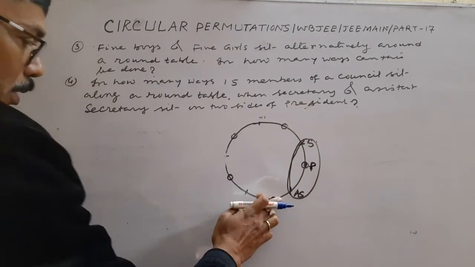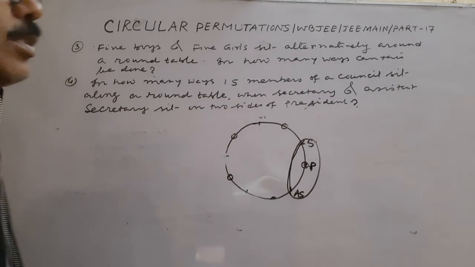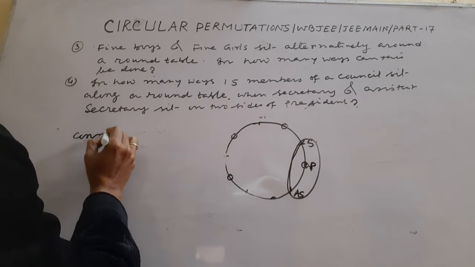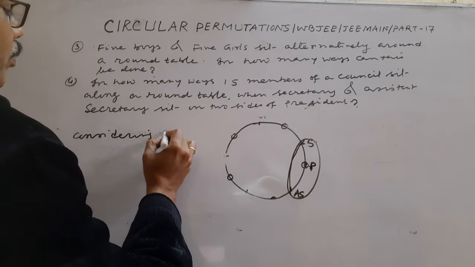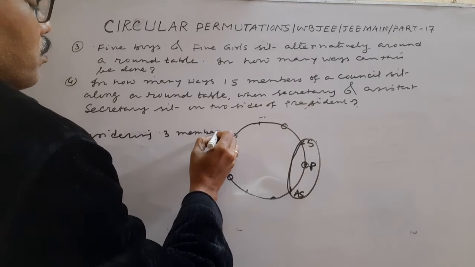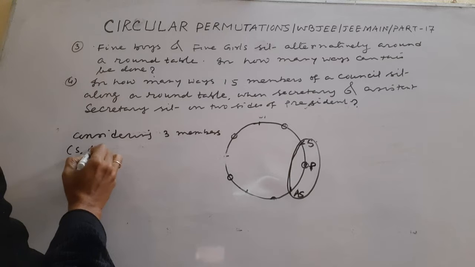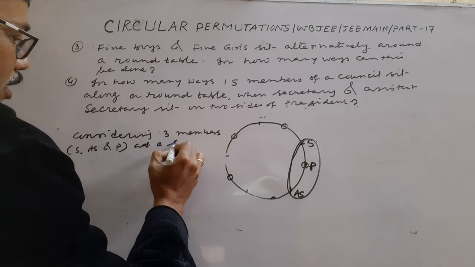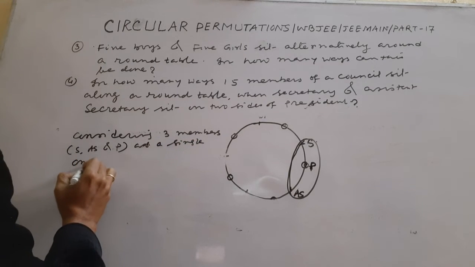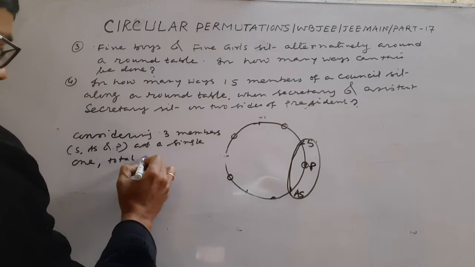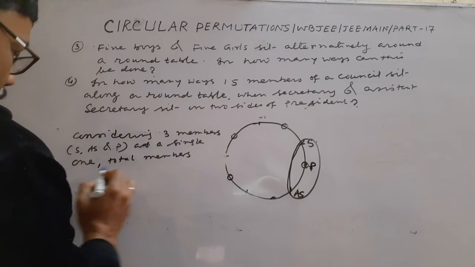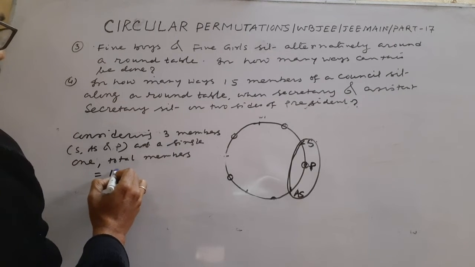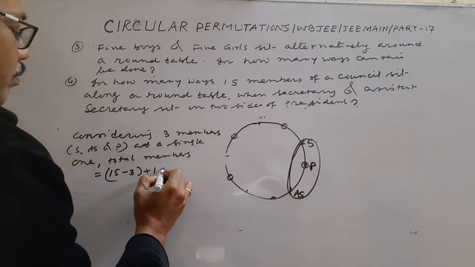So, just like linear permutation, considering 3 members, secretary, assistant secretary and president, as a single entity, as a single one, total members equals 15 minus 3 plus 1.